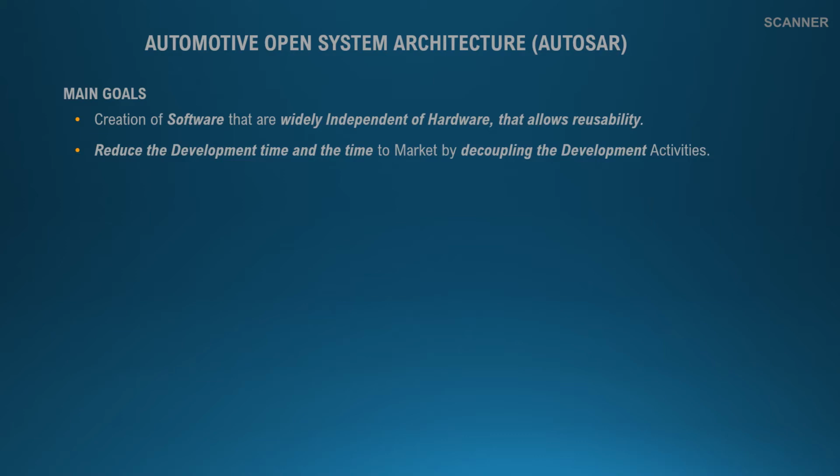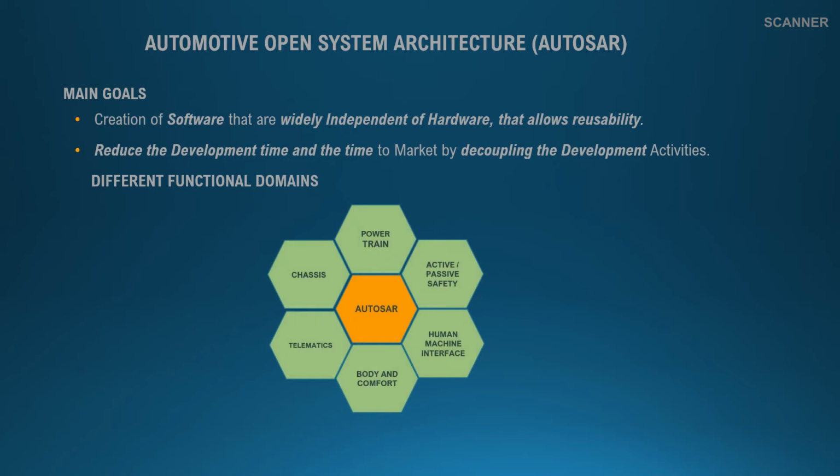AUTOSAR architecture allows the OEMs to categorize their final requirements based on multiple functional domains and share them across multiple vendors. Then these vendors can independently develop the software for the assigned functionality without even worrying about what others are doing. Ultimately, this parallel development process reduces the entire product development time and the time to market.